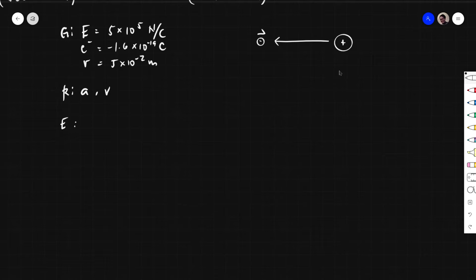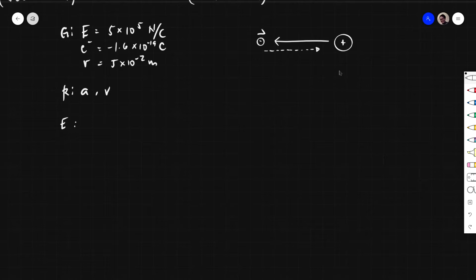You got that? So first we're going to determine the acceleration of the electron, knowing that it will be moving in this direction, because it will be attracted to the proton, right? Because that's what the rule of charges states.